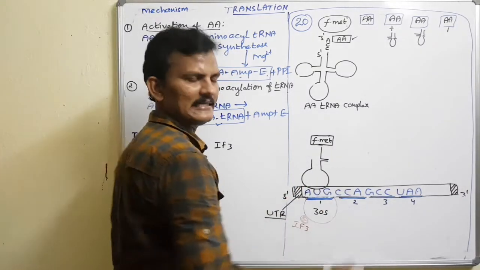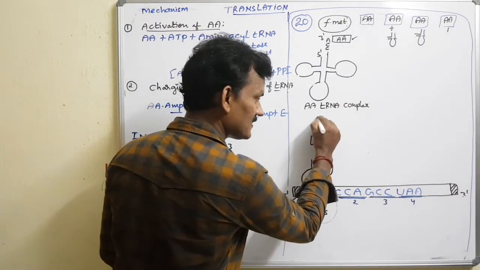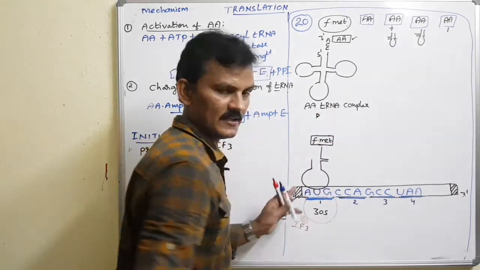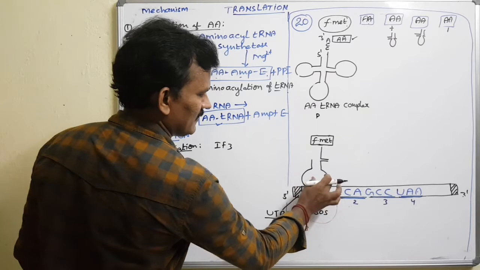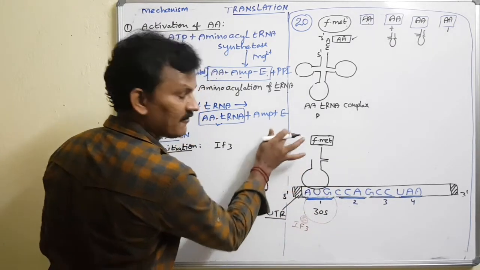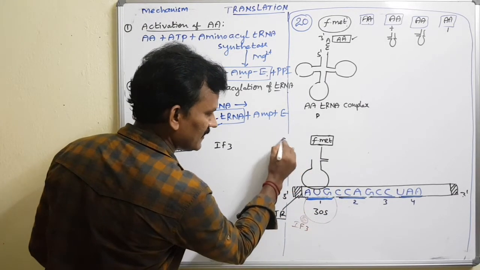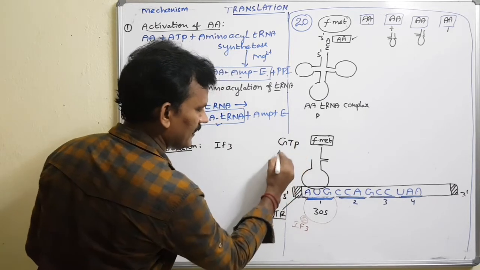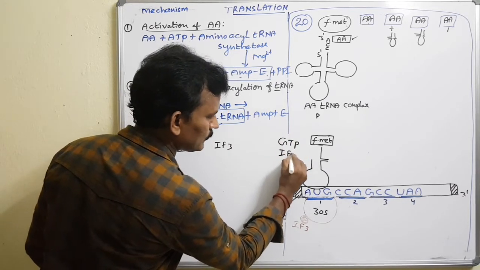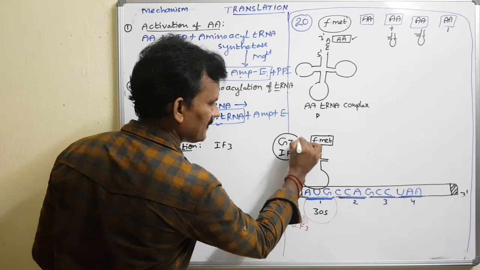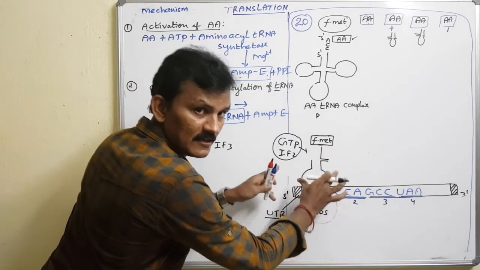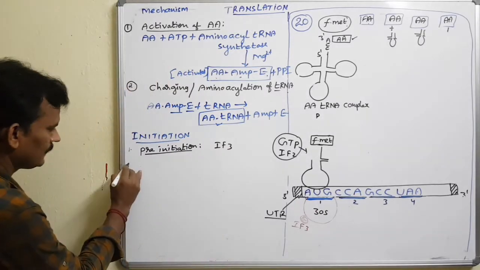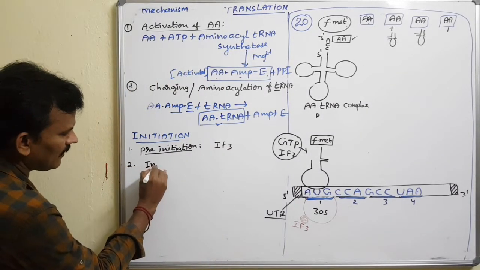It is brought into the place known as the P site of the large subunit of the ribosome. This process also requires factors: GTP and initiation factor 2. With both of these, this unit is now somewhat complete. So this is the initiation complex.